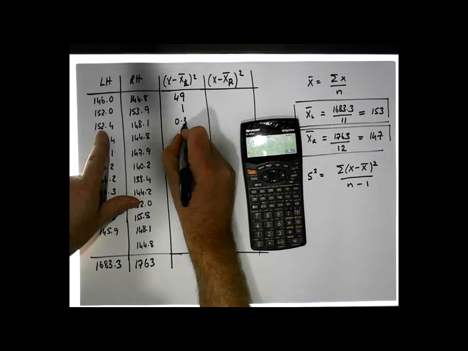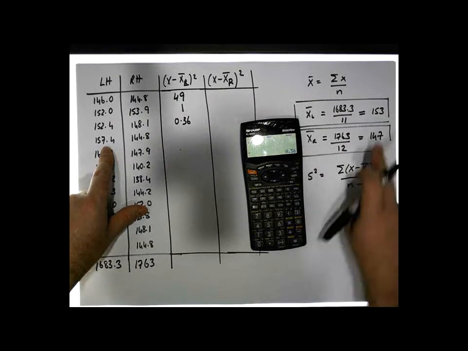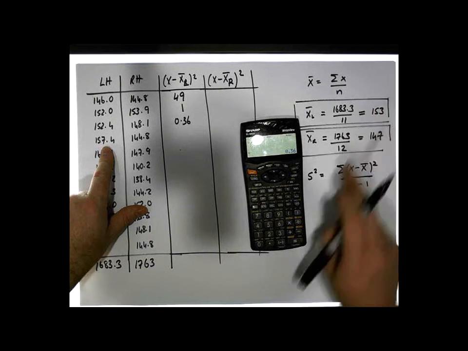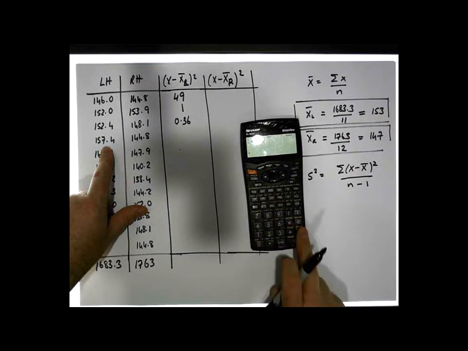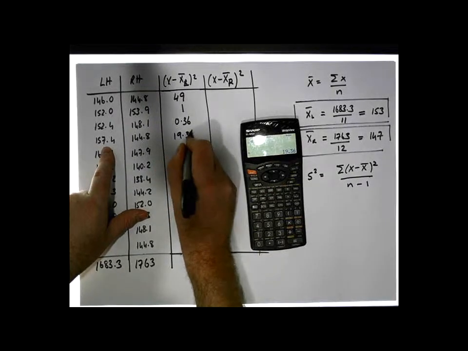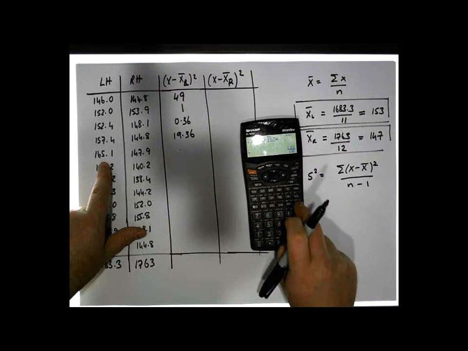Then we have 157.4 minus 153, which gives us 4.4. So 4.4 squared gives us a value of 19.36. Then I'll just put them all in. 165.1 minus 153 gives us a value of approximately 12.1.